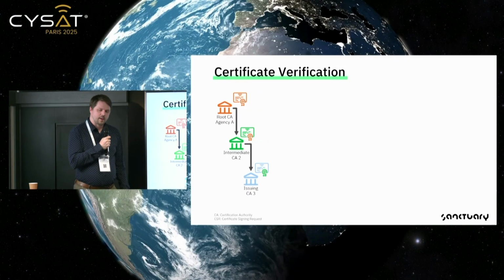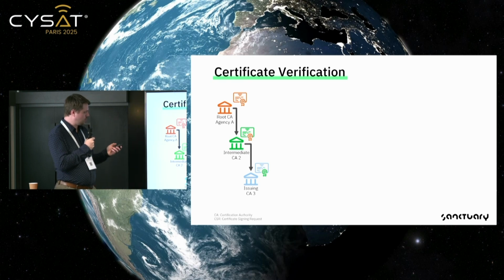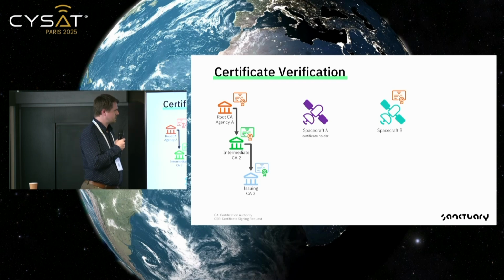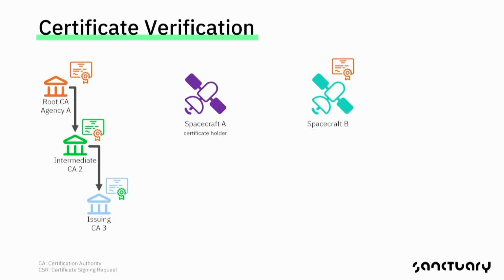Okay, then coming back to our example from earlier, where we had the two spacecraft who want to communicate securely, but now we have our PKI in place. And what do we have here? Now the spacecraft has the root certificate put on it at basically manufacturing time.